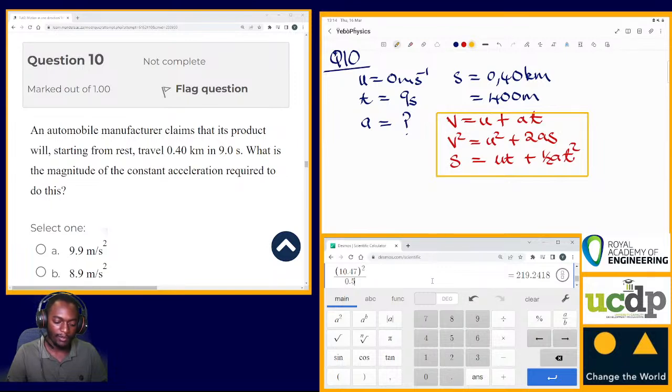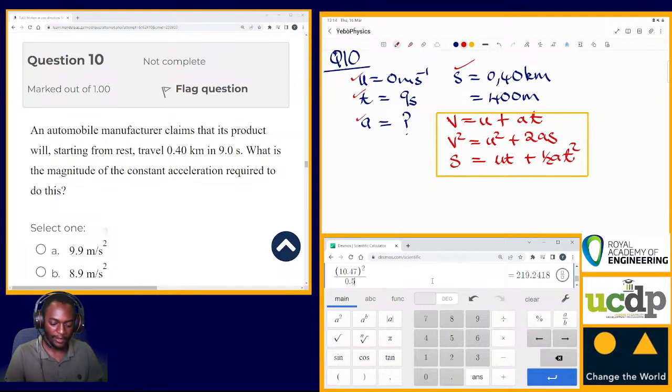We can use these equations as our basis to select which equation in particular we can use for this problem. If we check, what do we have? We have u, we have t, we're looking for a, and we have s. So which equation can we use in that case? We don't have v, do we?